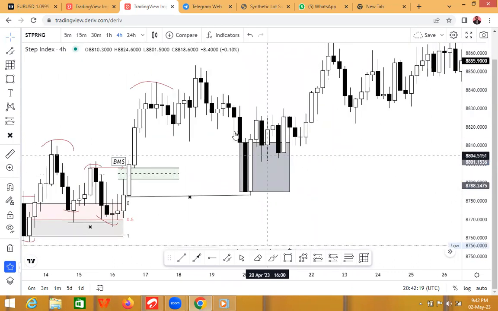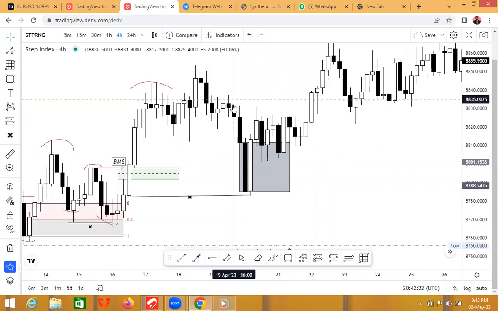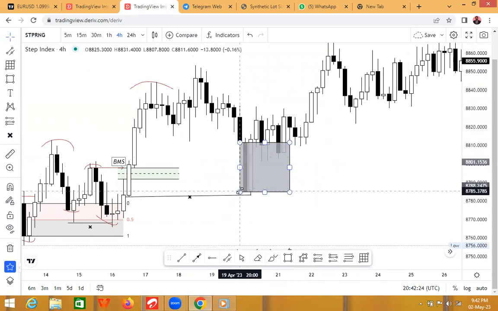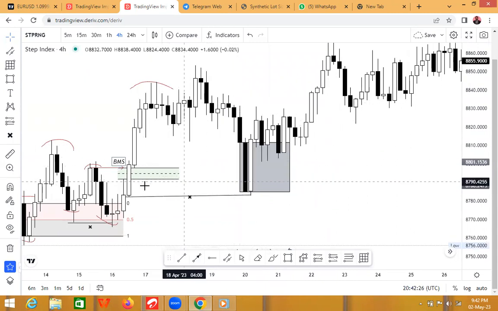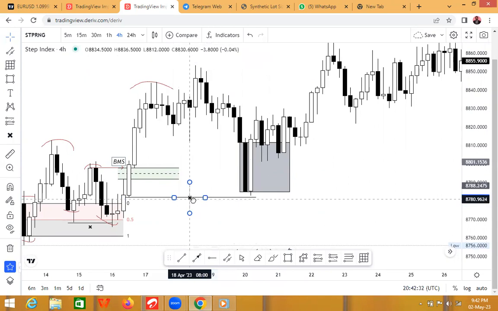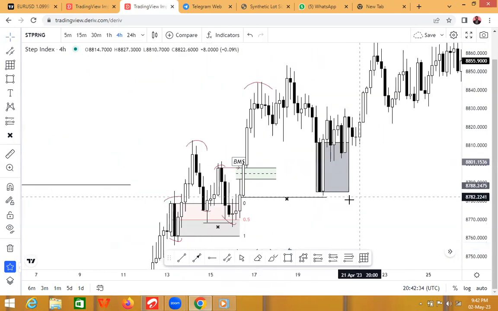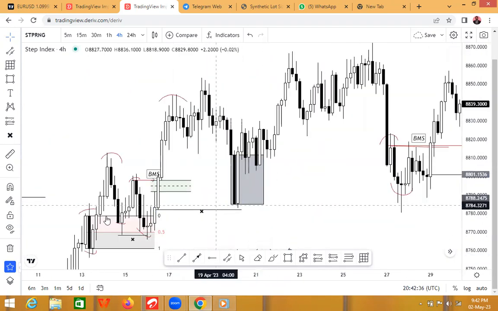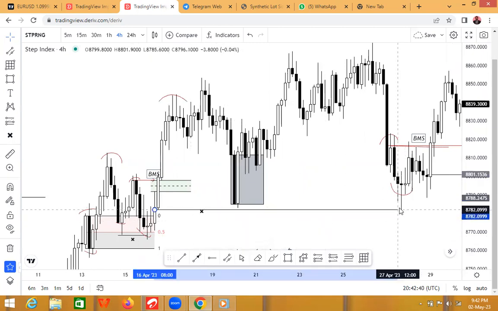But why did these long consecutive bearish candles come down? They came to close out this imbalance and created this double bottom, because price still wanted to come down and take this as liquidity. We know that a double bottom is liquidity.